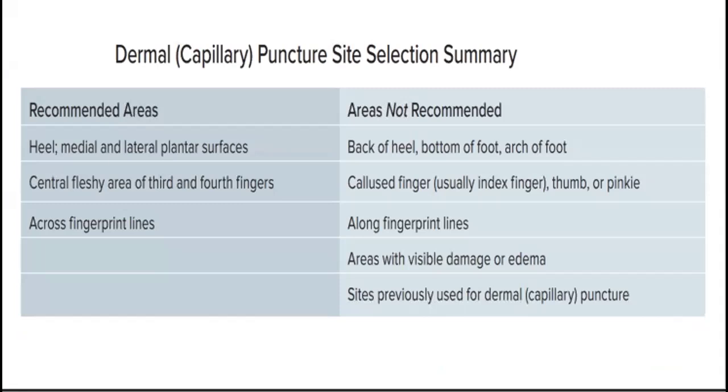The areas that are not recommended, class, are the back of the heel, the bottom of the foot, and the arc of the foot. The calloused fingers, which are our thumb, the index finger, and the pinky, are not recommended. And if we follow the fingerprint pattern, that is not recommended as well. And if the area has previous damage, we cannot use that for another round of capillary puncture.